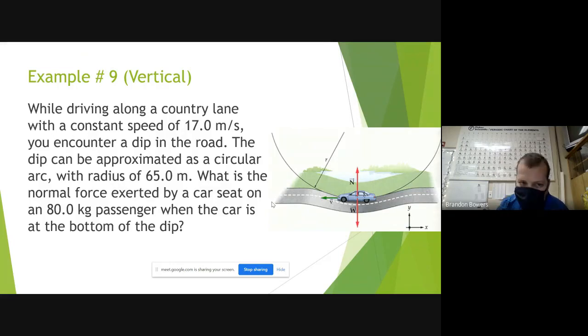Number 9: while driving along a country lane with a constant speed of 17 meters per second, you encounter a dip in the road. The dip can be approximated as a circular arc with a radius of 65 meters. What is the normal force exerted by the car seat on an 80-kilogram passenger when the car is at the bottom of the dip?